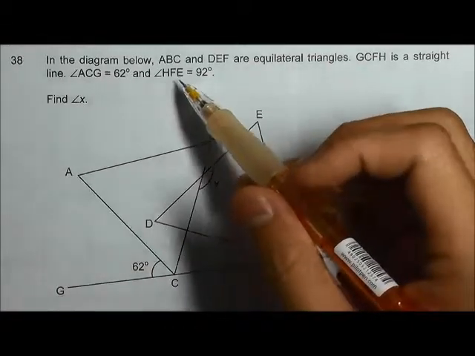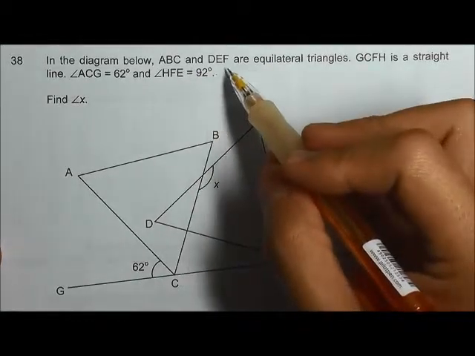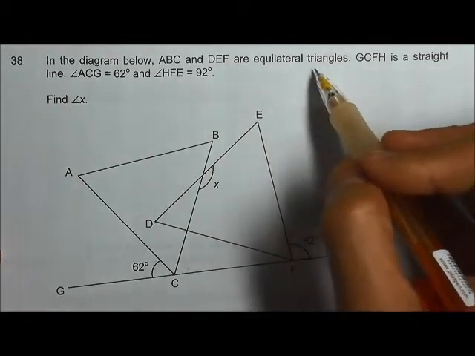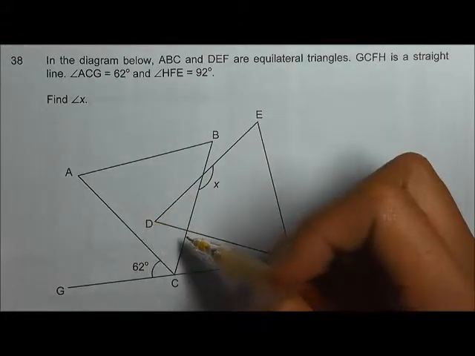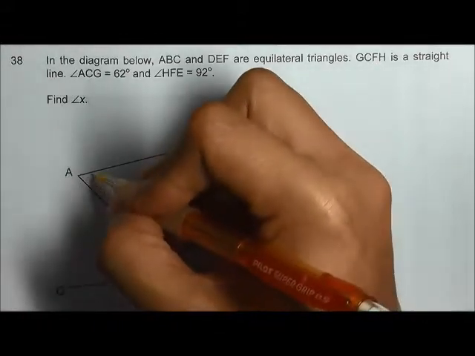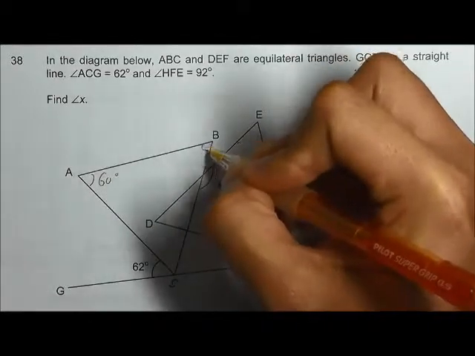Okay, in the diagram below, ABC and DEF are equilateral triangles. That means all the three sides are equal and each angle is 60 degrees. So you can put that in.